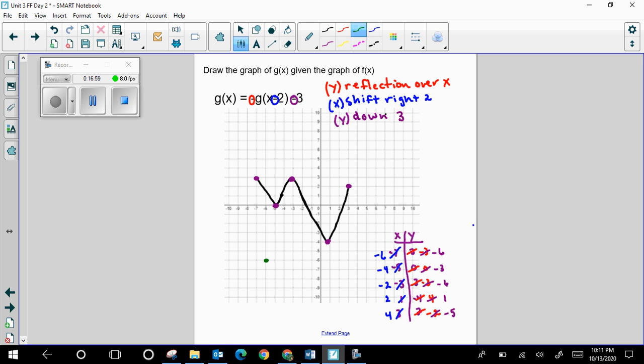I have a negative 4, negative 3, which will be right here. I have a negative 2, negative 6. I have a 2, 1. And a 4, negative 5.